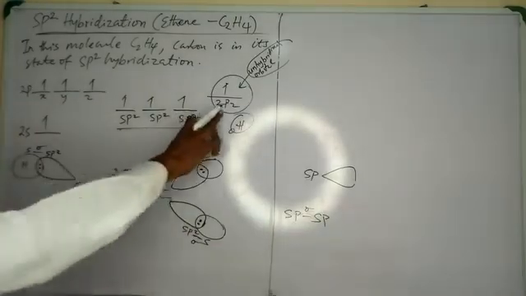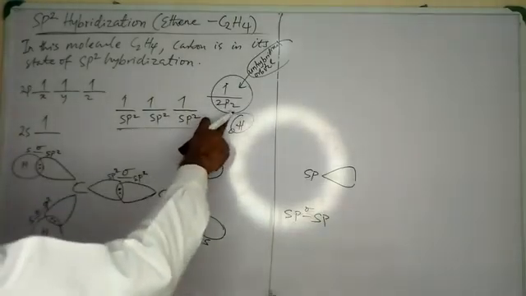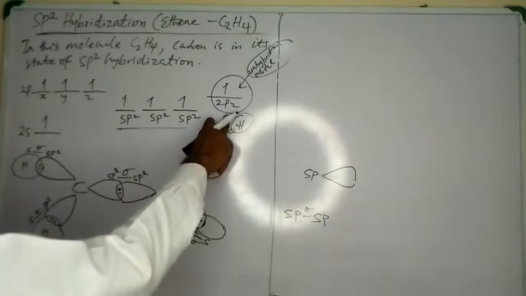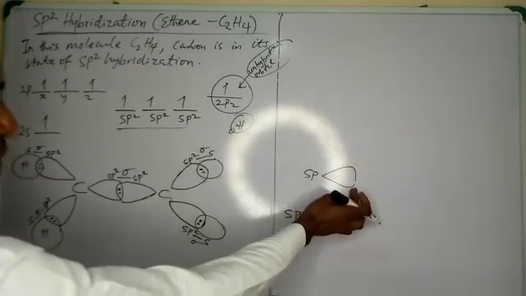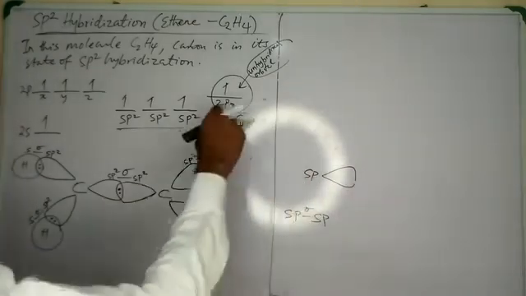Nice. Now we have done this, but we still have in the carbon atom an unhybridized orbital. We still have, for each of the carbon atoms, one unhybridized p orbital. When we have a hybrid orbital, the shape is lobe-like. When it's only an s orbital, the shape is circular.